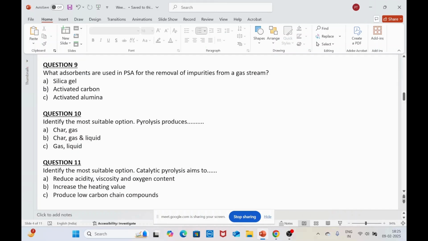What absorbents are used in PSA for the removal of impurities from a gas stream?